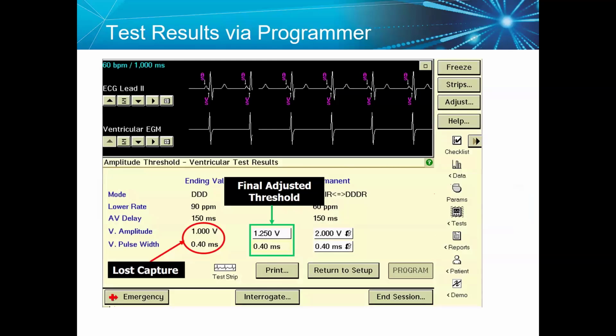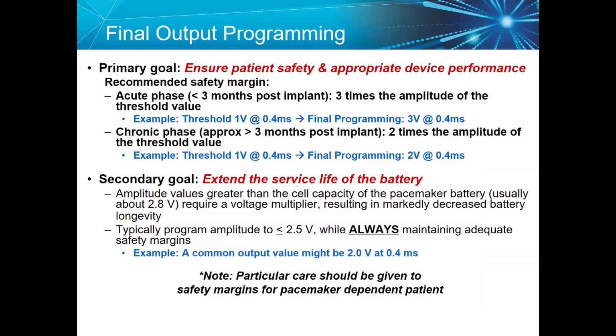Okay, here the loss of capture, and here our threshold, and here the amplitude. Final output programming. Final goal: ensure patient safety, appropriate device performance, and a recommended safety margin.